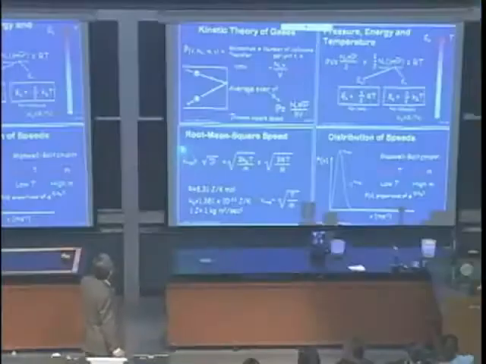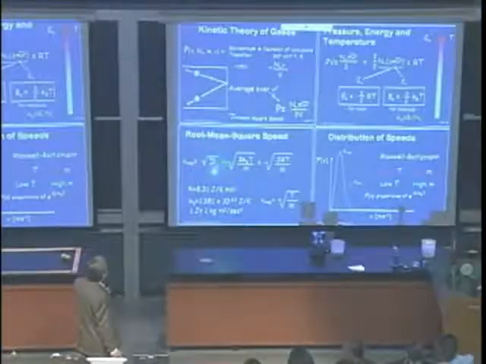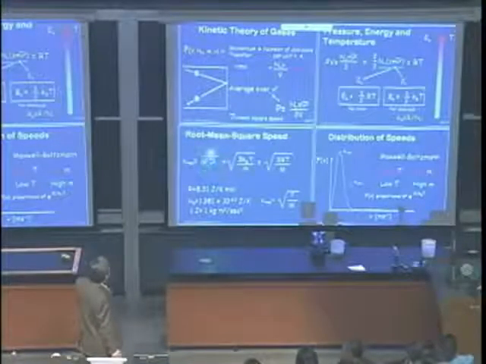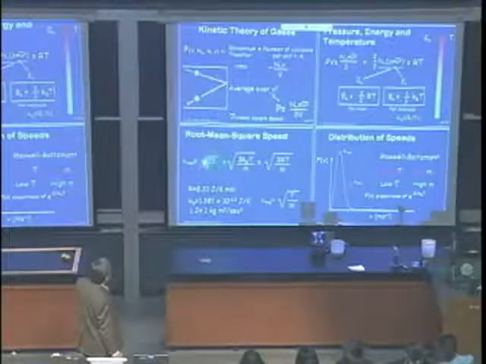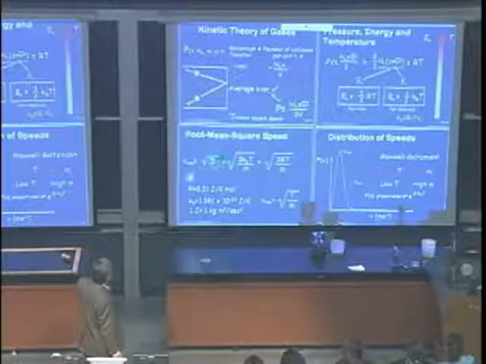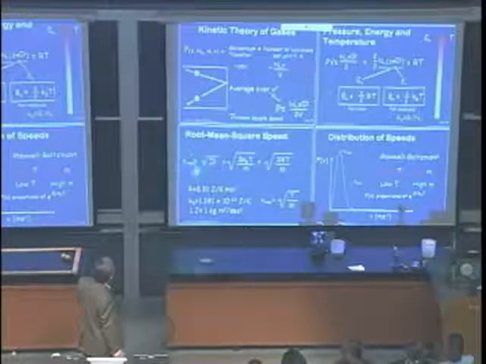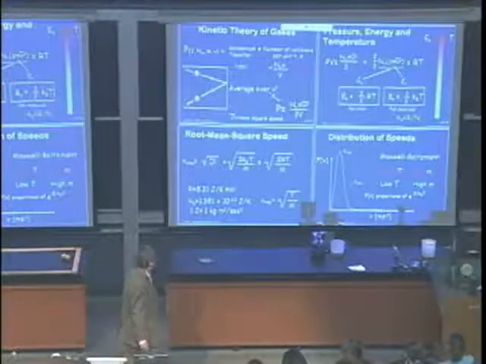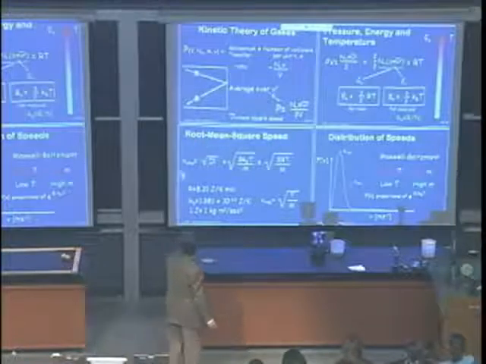We calculated then. We had earlier here, we used that v bar squared, the average of that speed, and took the square root of this. And then we get this funny expression, what we call the root mean square speed.